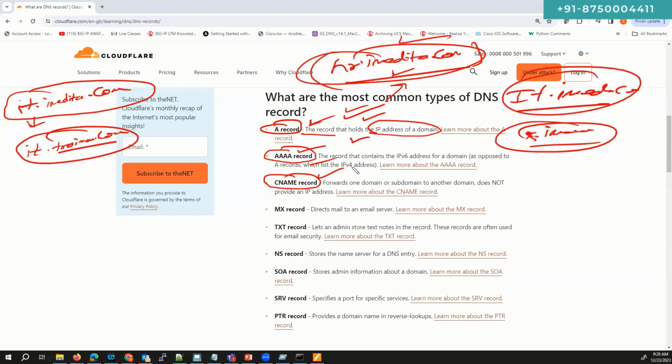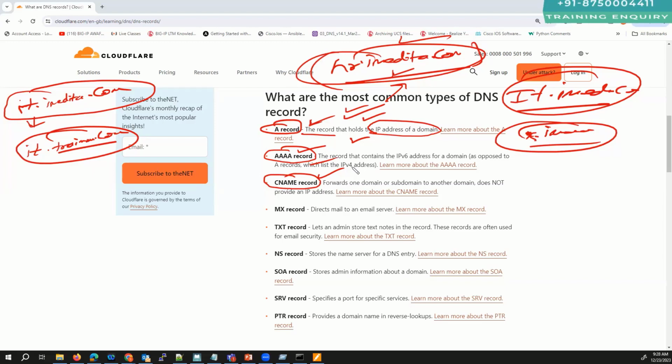So this is a redirection at the DNS layer, or DNS level. If you are trying to access some domain and you send a DNS request, in response you would get another domain, and then you would generate another DNS request for that other domain. You can keep forwarding one domain to another domain. That is doable.